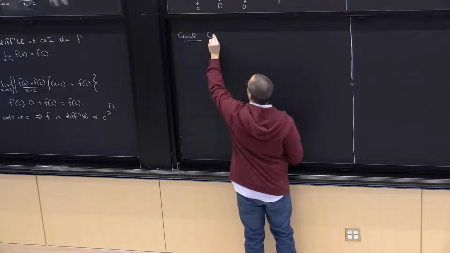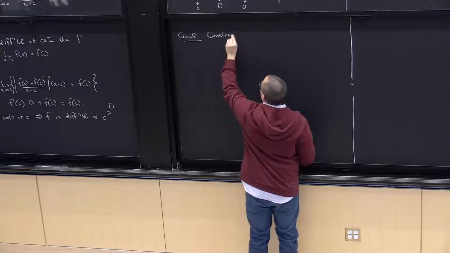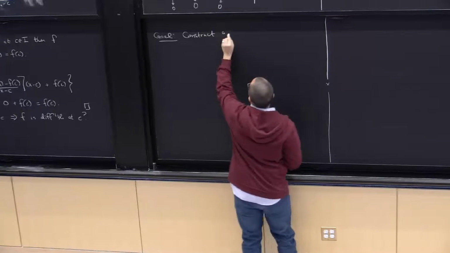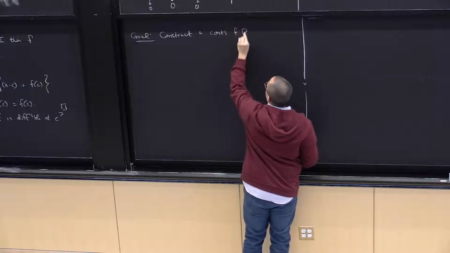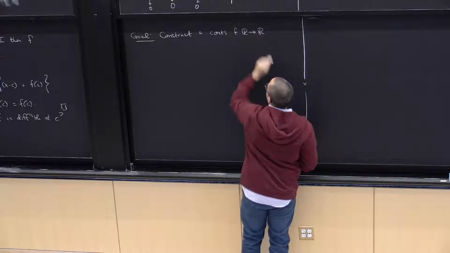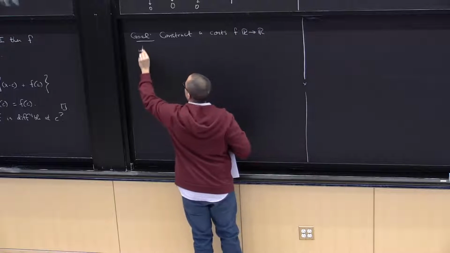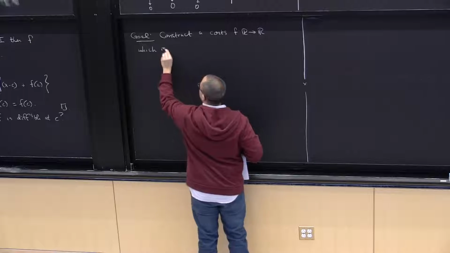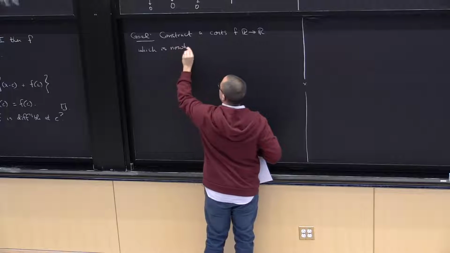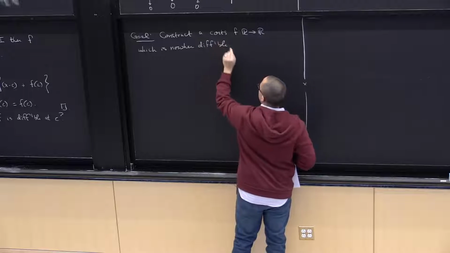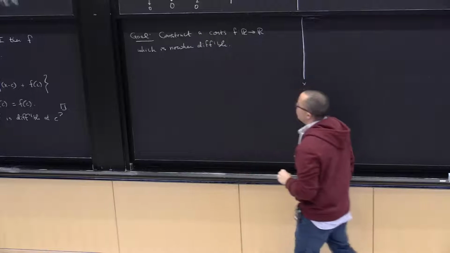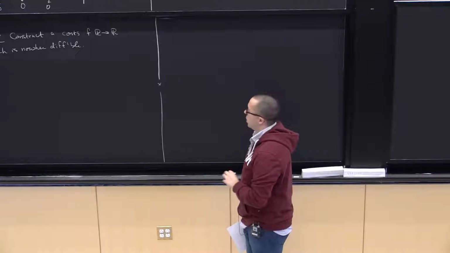We're going to construct a continuous function from R to R which is nowhere differentiable. Not differentiable, that is, differentiable at no point.